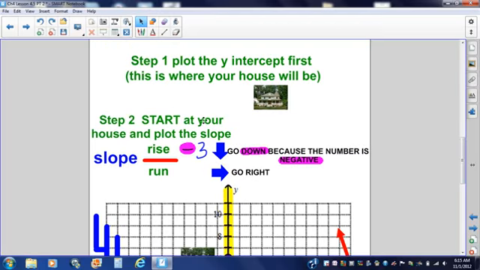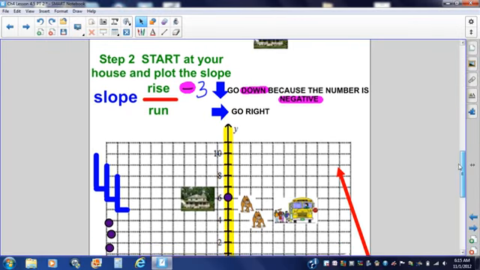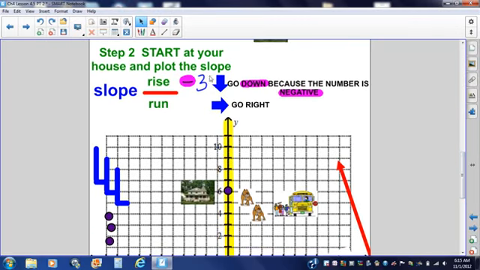Step 2, start at your house and plot the slope. Well, remember we said that negative 3 was touching the x. We said that negative 3 is our slope. But we got a problem here. Whenever we're talking about slope, we have a rise and a run.